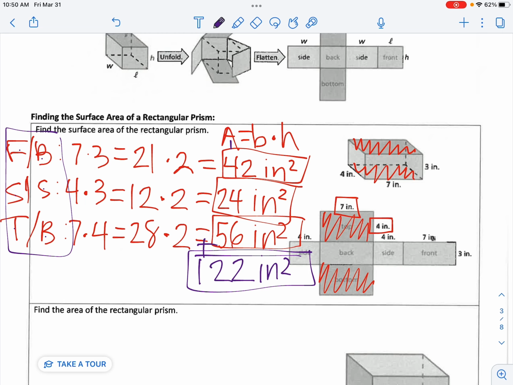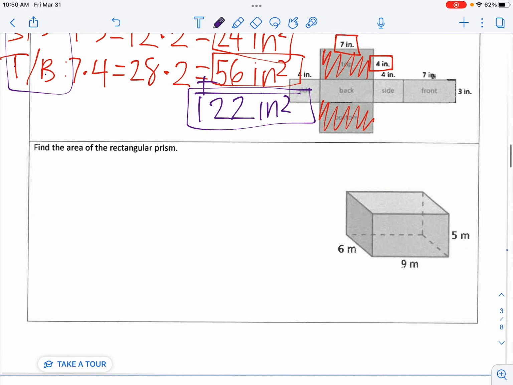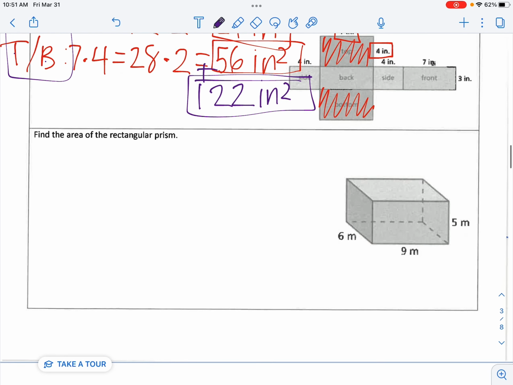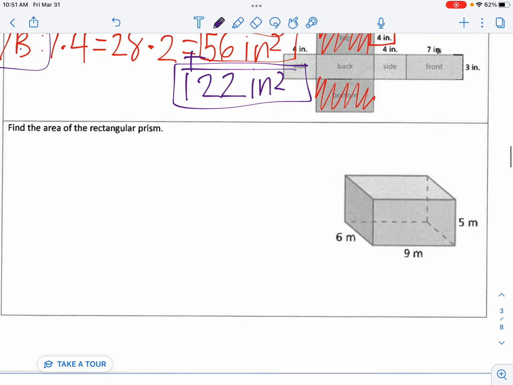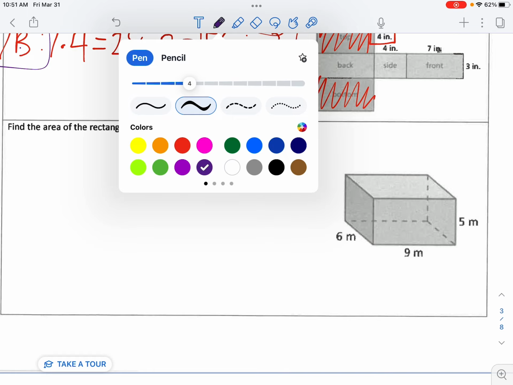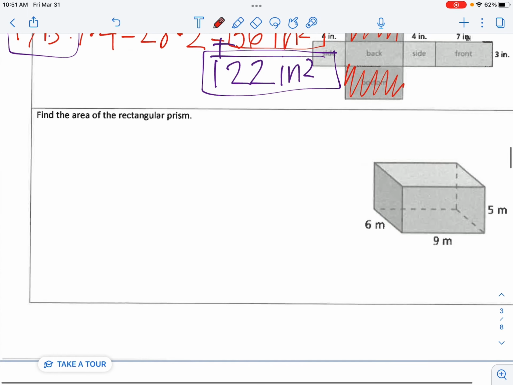Okay. All right, next. So we're doing the same thing, except we don't have a net this time. We have to use the actual 3D prism. Okay. So I know, since it's a rectangular prism, I'm going to have front/back, side/side, and top/bottom.